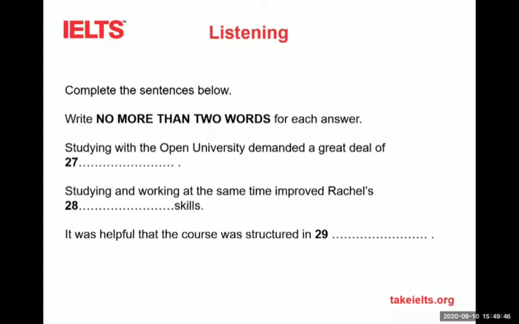So keywords are important. And then you can take a look at the gap and see what type of word or what part of speech you need, and then use the context to help you to perhaps predict the kind of word you need to listen out for.